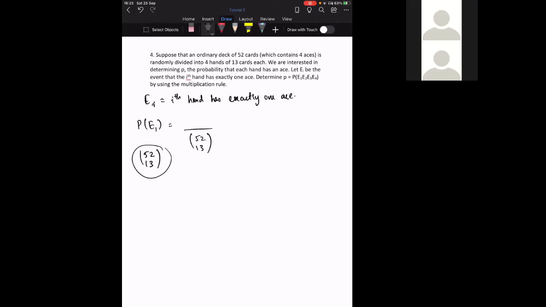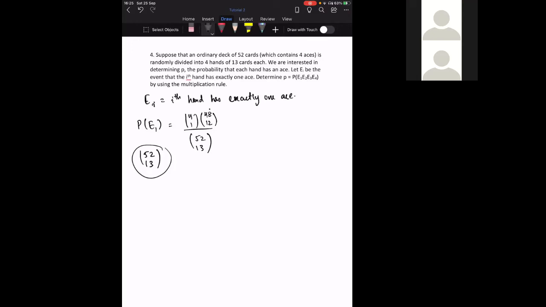And in the numerator, we want 1 out of the 4 aces, right? So we're gonna partition them in a way कि मैं 4 में से एक ace choose करूँगा और मुझे पता है कि पीछे कितने रह गए हैं 52 minus 4, which is 48. So out of those 48 cards, I want to choose 12.